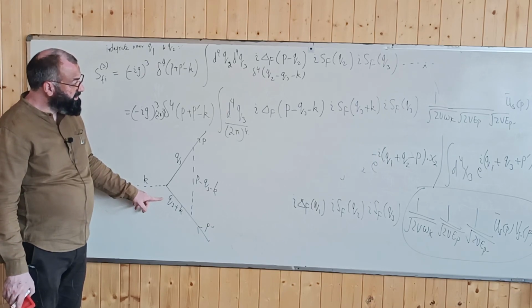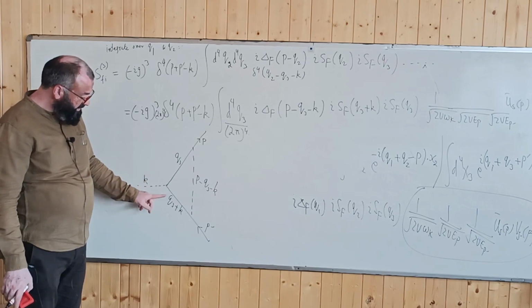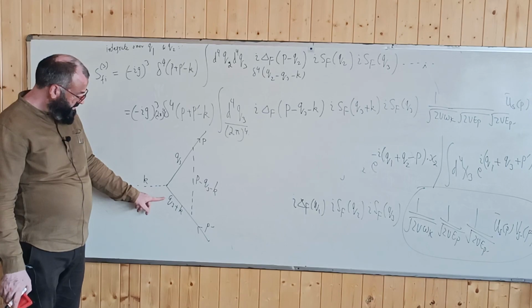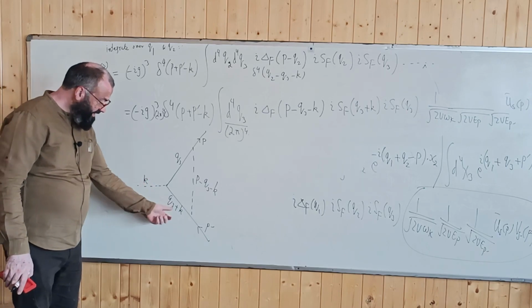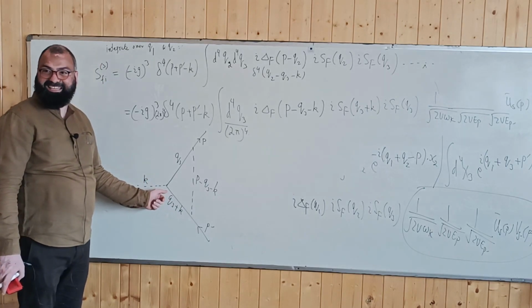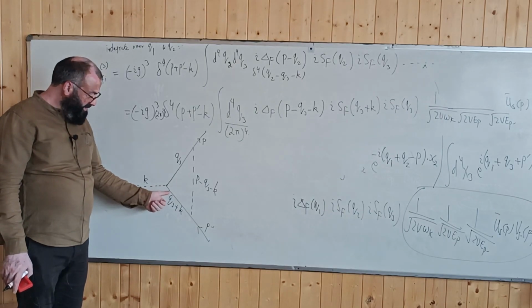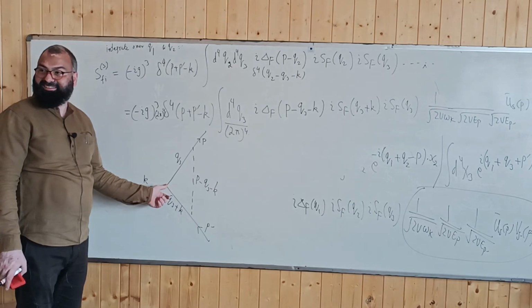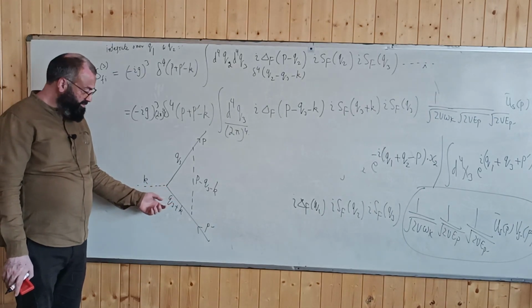So we need to look at it. So these two should cancel. Oh no, it is okay. K and K cancel. So you are having Q3 again, is it? So whatever the momentum is, the momentum here is Q3, is it?